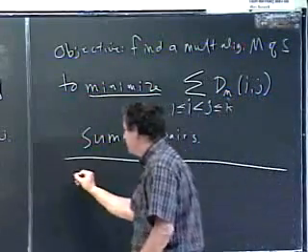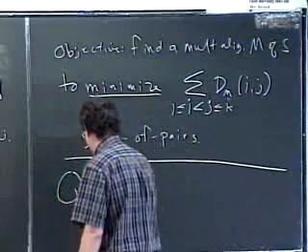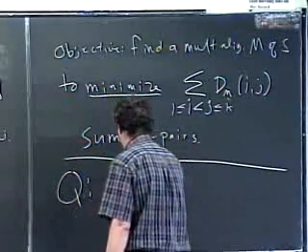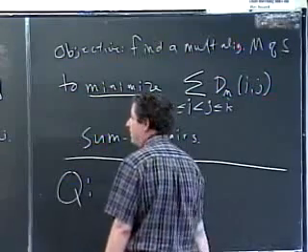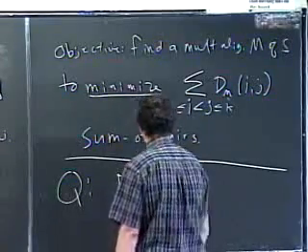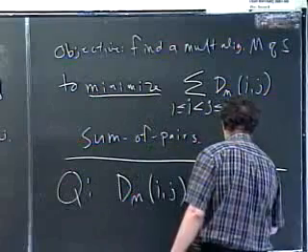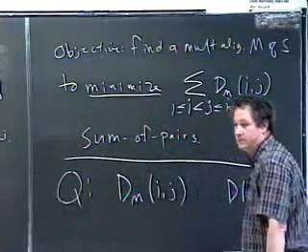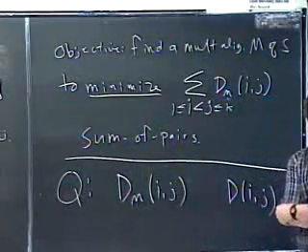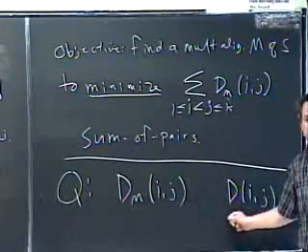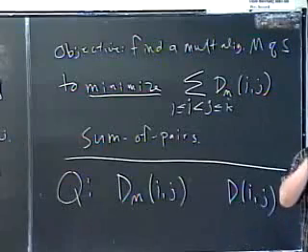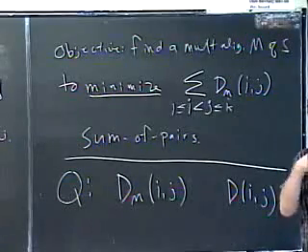So let me ask a sub-question. What can people say about dm ij and dij? What relationship do you know between these two, just based on the definition?